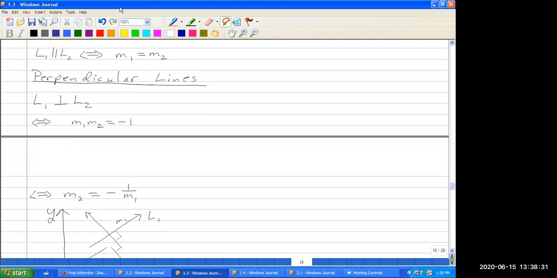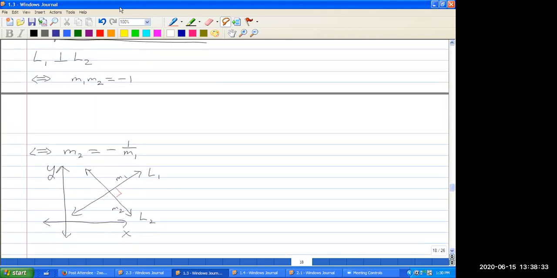Okay, so perpendicular lines. Two lines in the plane are said to be perpendicular if they intersect at right angles. So if two lines intersect at right angles, then we say that they are perpendicular. Let's do this relative to some coordinate system. Let M1 be the slope of L1 and M2 the slope of L2.